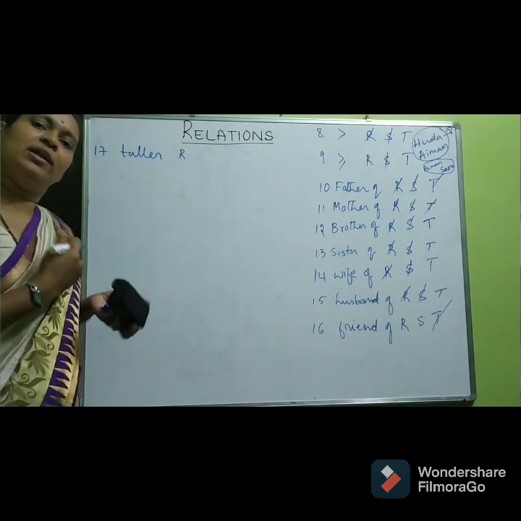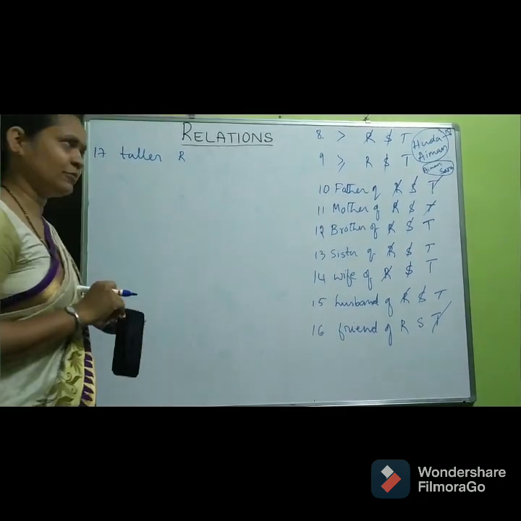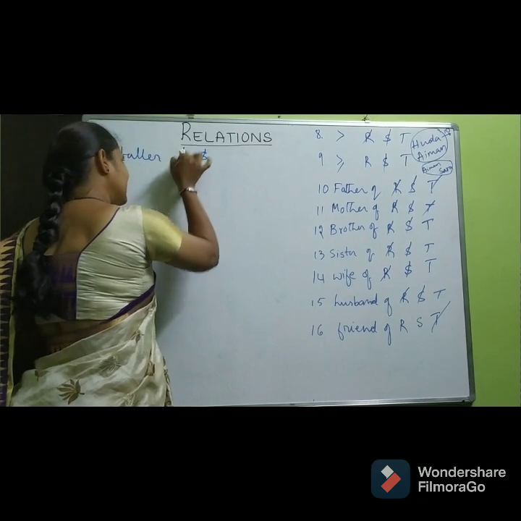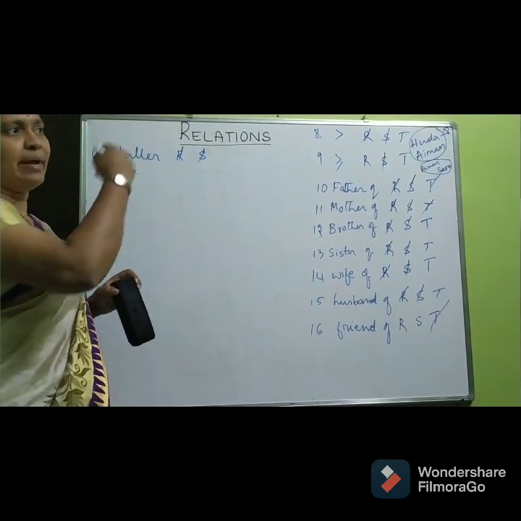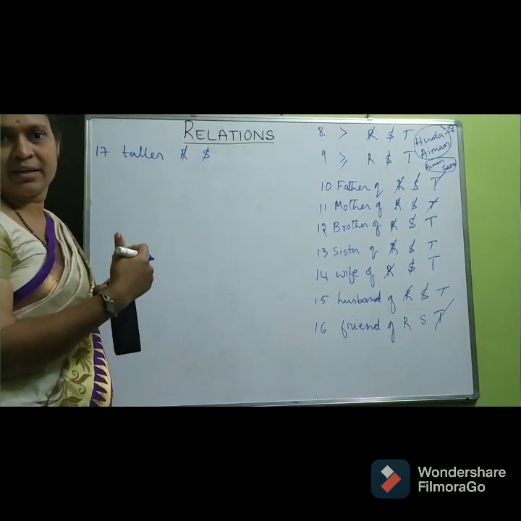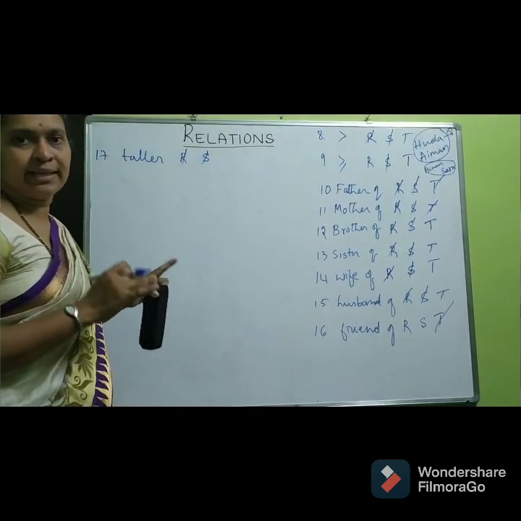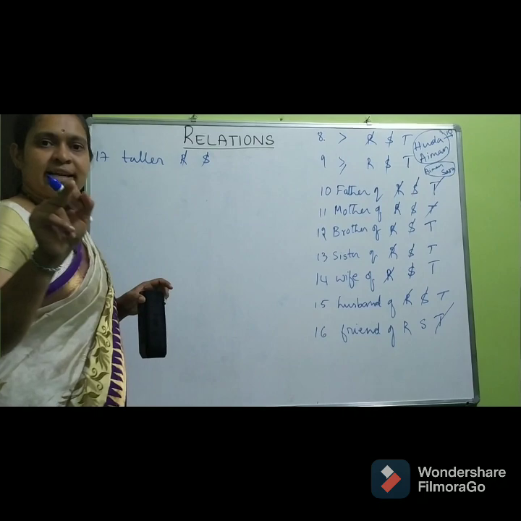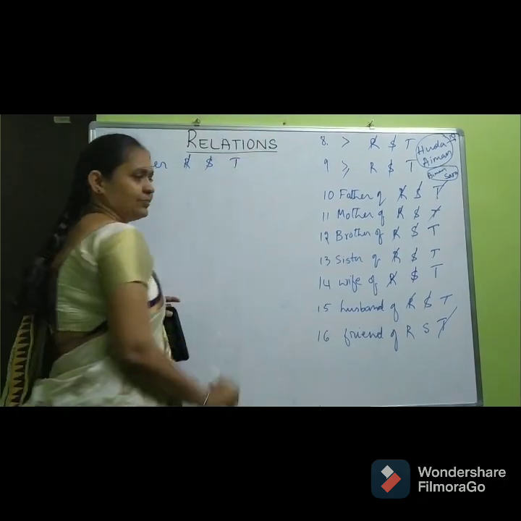How can I be taller than myself? So not reflexive. And it is not symmetric. If I am taller than somebody, that somebody can't be taller than me. Just like greater than. Is it transitive? Yes, it is transitive.